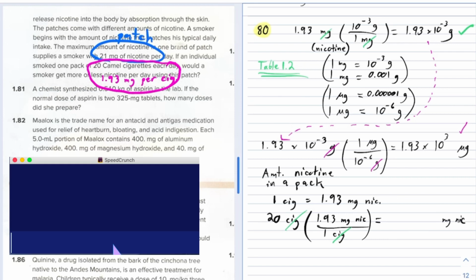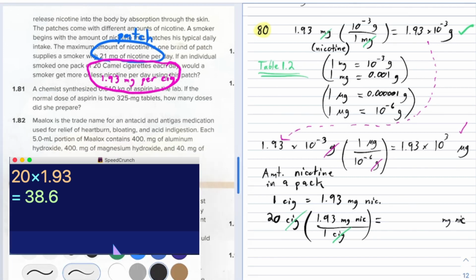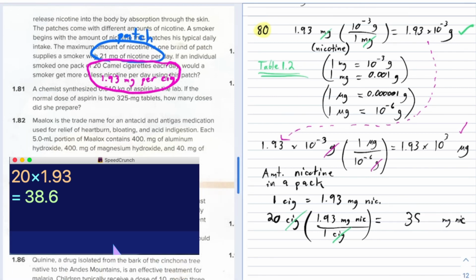Doing the calculation, 20 times 1.93, and that's 38.6. 38.6 milligrams of nicotine, and that's for 20 cigs. Okay, so that's more.